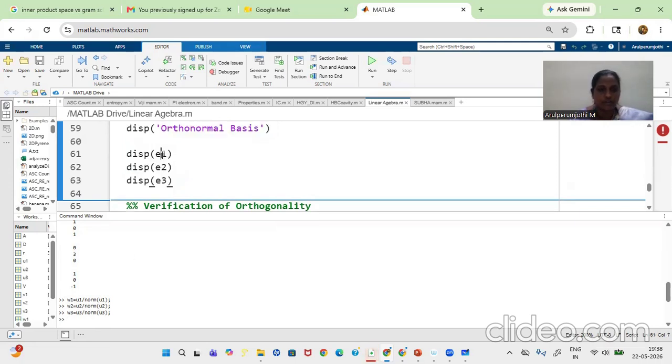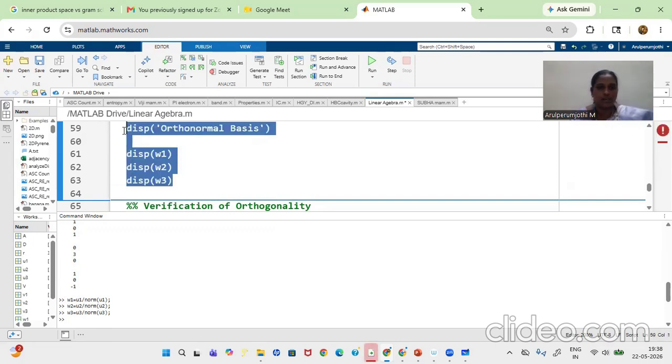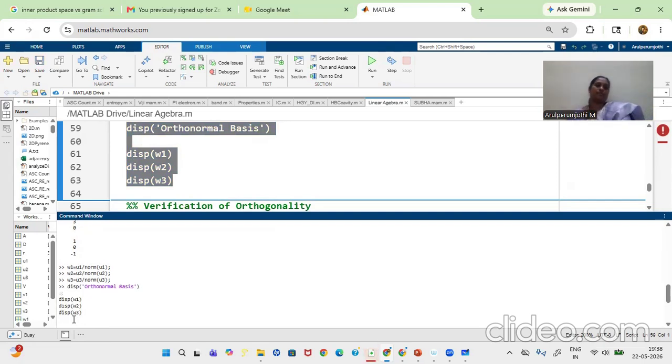Here we have changed that E1 to W1, so you change it as W1, W2, W3. Display orthonormal basis. We'll wait for the answer. See, it is in decimal numbers, but if you take it in fraction form, you can get the fraction values. 0.7071 is nothing but 1 by root 2.